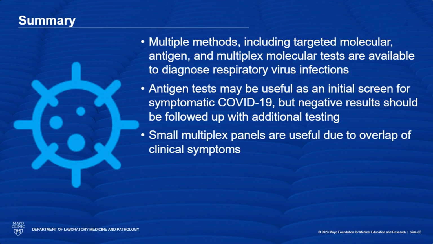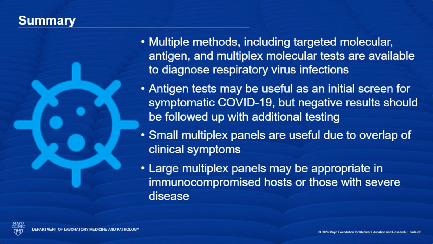Small multiplex panels are very useful due to the overlap in clinical symptoms. We can't discriminate between influenza and COVID-19 and sometimes RSV. The very large multiplex panels may be very appropriate in immune-compromised individuals or those with severe disease.